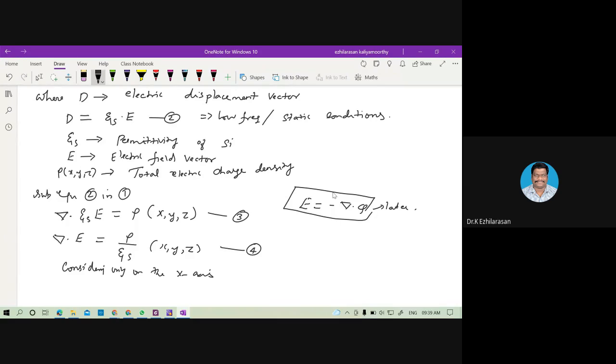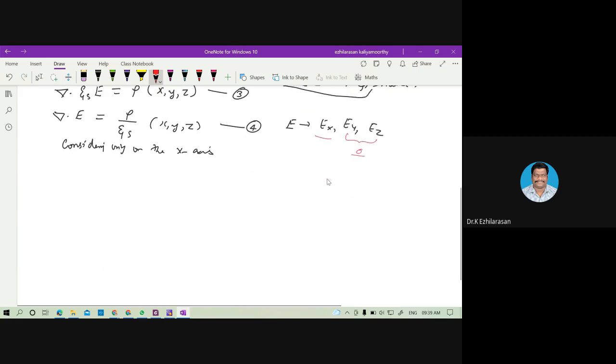So I can say the electric field vector has components Ex, Ey and Ez, where only Ex we are going to use, so the other two will become 0.